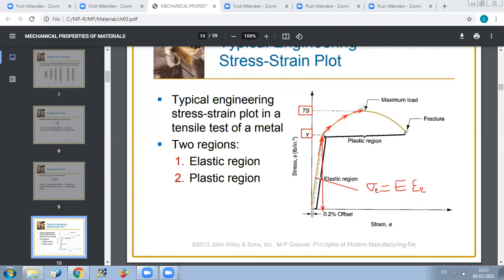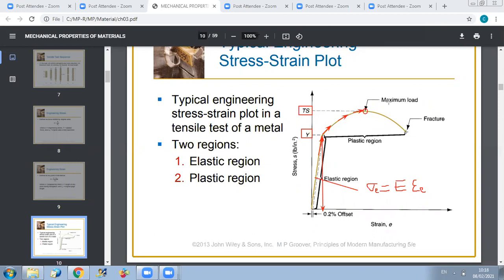At the maximum load, we have the starting of the necking process. The necking process will have a decrease in engineering stress. Why? Because as we have seen together, the engineering stress is directly related to the load applied. It is F over A0. And once we start necking, we have seen that it will be much easier to deform.